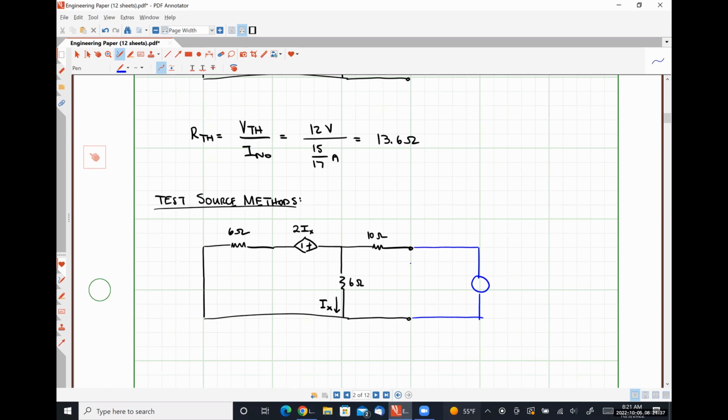We are going to determine the test voltage across our network and the test current flowing into our network. And the ratio of these two quantities is R Thevenin.